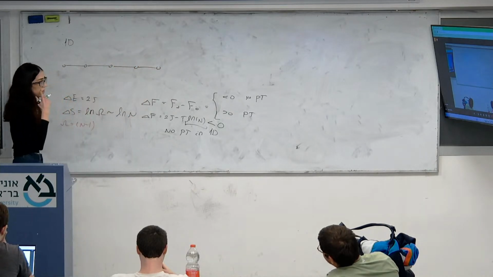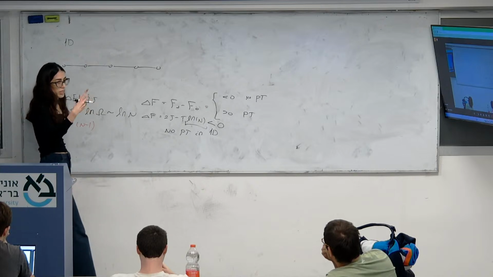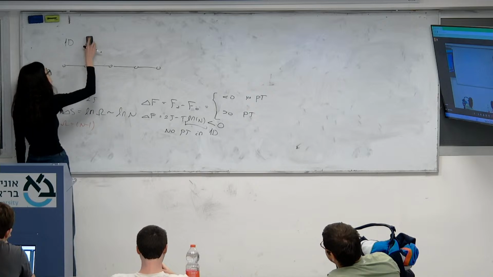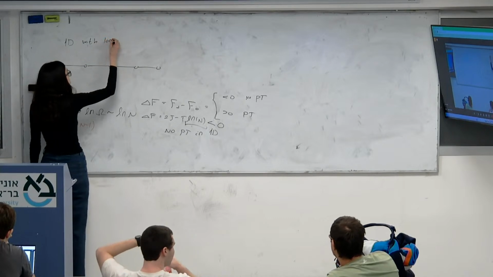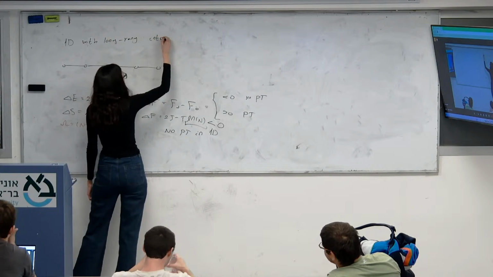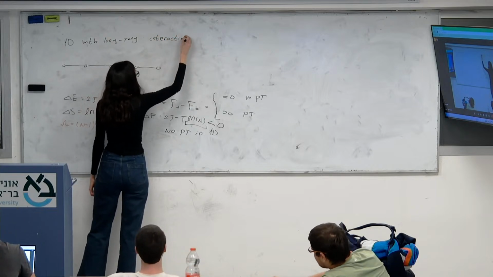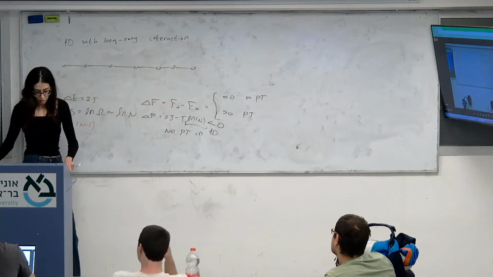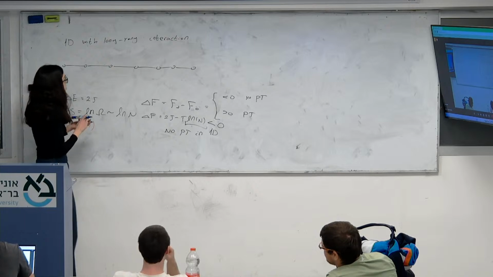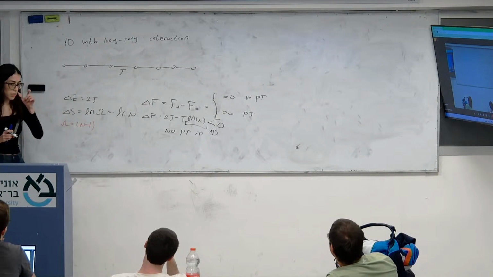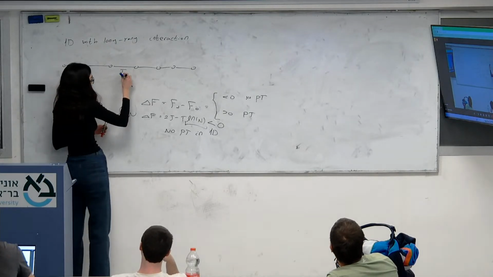So we still have 1D, but we now add long range interaction. What does it mean? Let's say we had the J between the nearest neighbors. We call it J1.